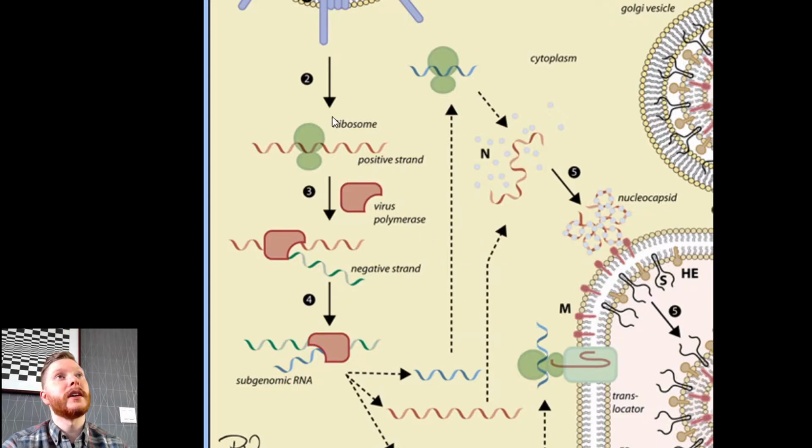Okay, so you can see that after these steps of making more copies of the virus components, they get assembled and then they get pushed out of the cell as well. So basically this is how a virus is able to sort of use your own cell machinery to make more copies of itself.